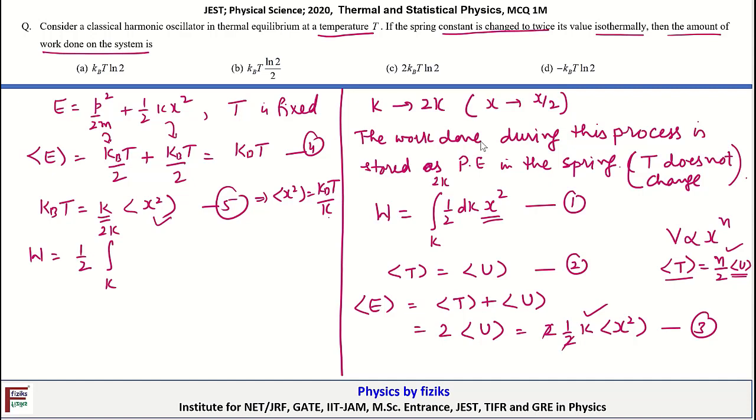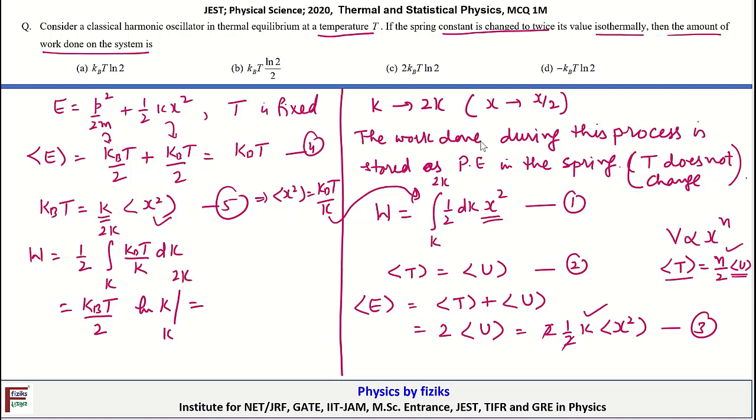Substituting this, the work done is kBT by 2 times the integral of dk by k, which gives ln k as k changes from k to 2k.